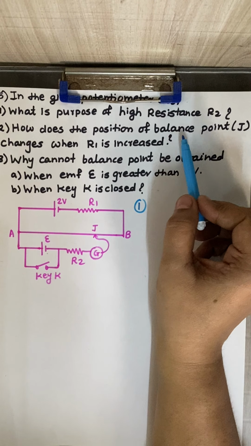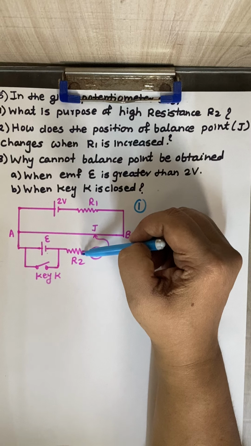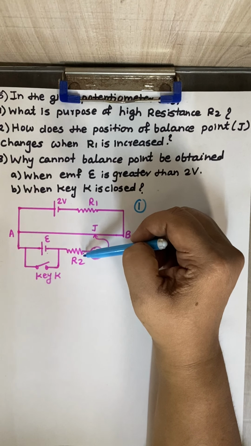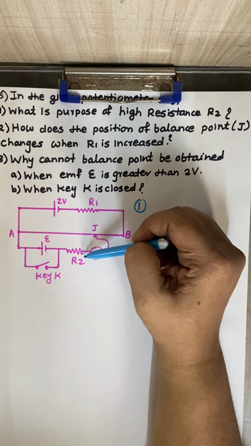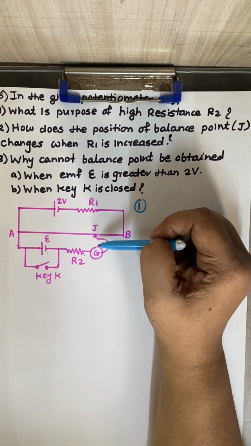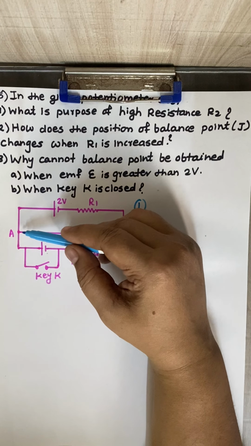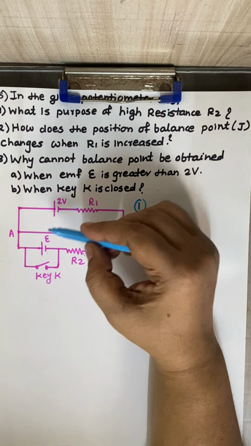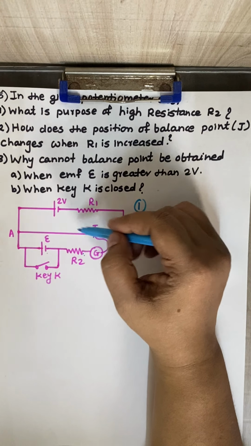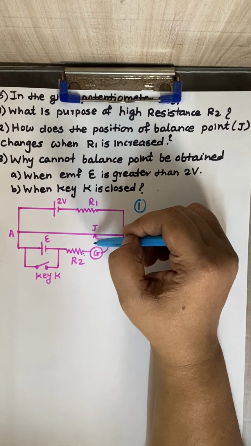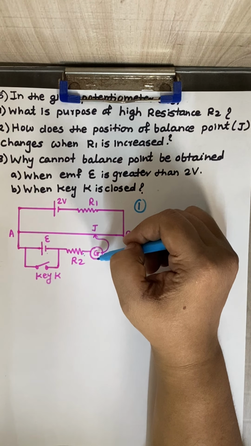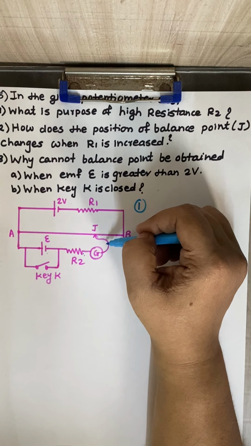What is the purpose of the high resistance R2? Now we know that high resistance R2 is generally for the protection of the galvanometer. This high resistance protects the galvanometer for the positions far away from the balance point, by decreasing the current through it. Because suppose we want to trace the wire from A to B, then at far away points we can safeguard that galvanometer by decreasing the amount of current through it.